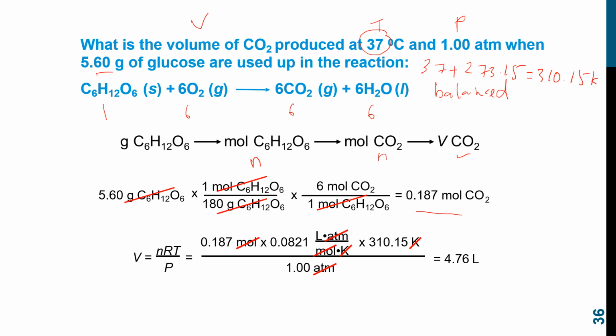mole of carbon dioxide. So bila dah dapat n of carbon dioxide, kita masukkan dalam formula ideal gas equation, V equals nRT over P. So V is 0.187 mole carbon dioxide times 0.0821 liter atm per mole Kelvin times temperature 310.15 Kelvin over 1 atm.